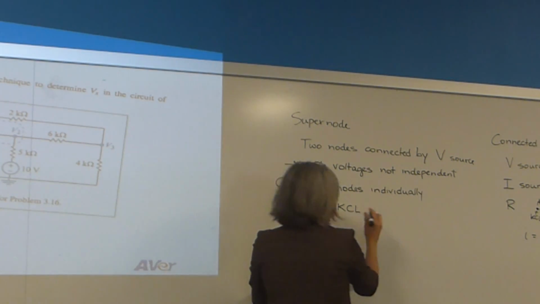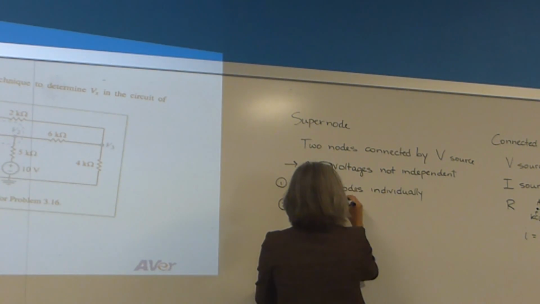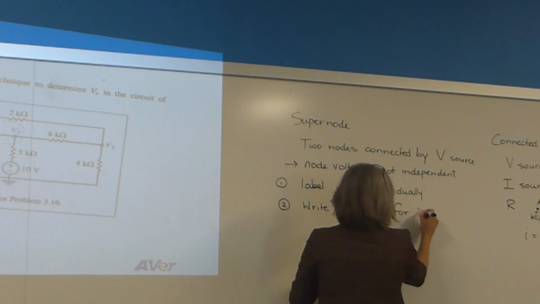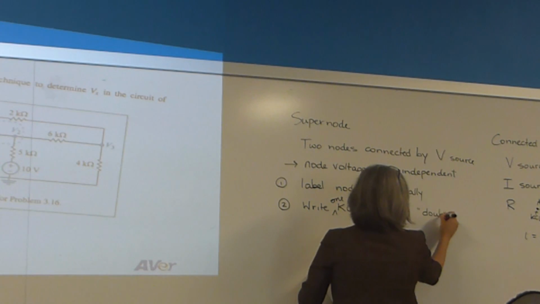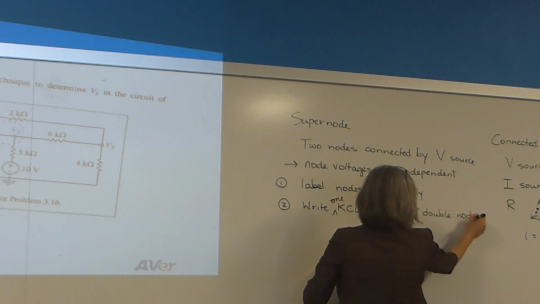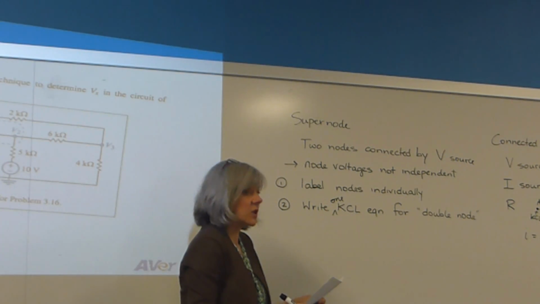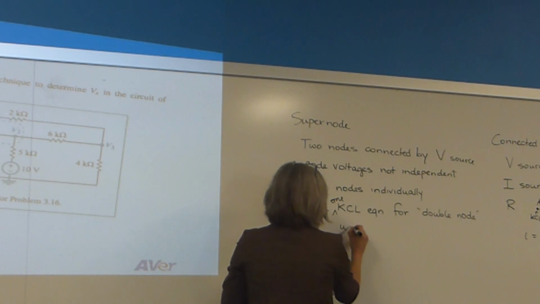So we're going to write one KCL equation for the double node, using the appropriate voltage. An example will make that clear.